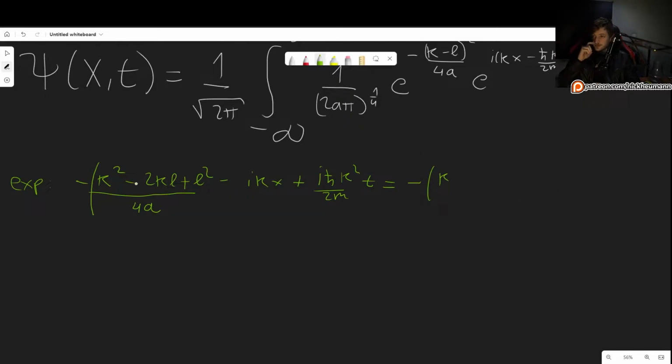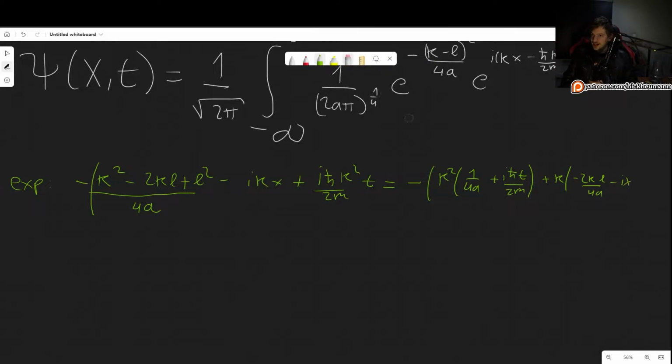Okay, so now let's factor out k squared. So we have 1 over 4a from the first term, and then we have plus i h bar t divided by 2m. And then let's factor out k. So plus k. What is multiplied by k? We have negative 2L divided by 4a, and negative ix.